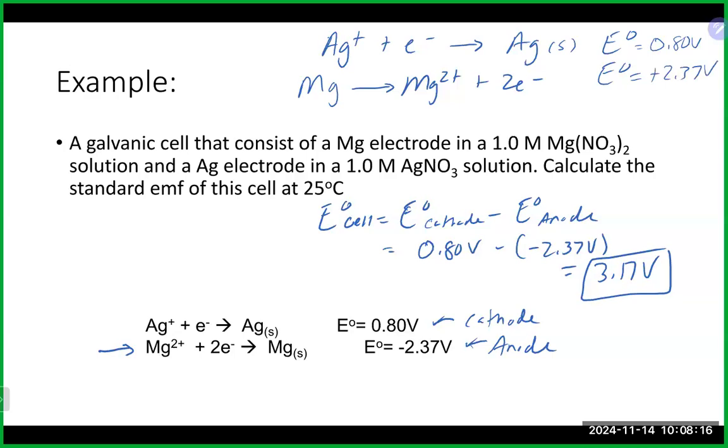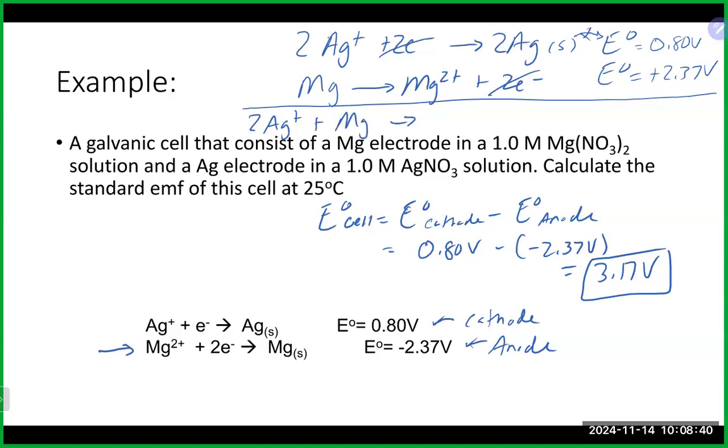Remember that we really can't add this together. We would need to multiply the top guy by 2 to get the same number of electrons. Also remember that the E doesn't get multiplied by that number. That would then give us our balanced equation where our electrons cancel. It gives us 2 silver ion plus our magnesium goes to 2 solid silver and our aqueous magnesium.